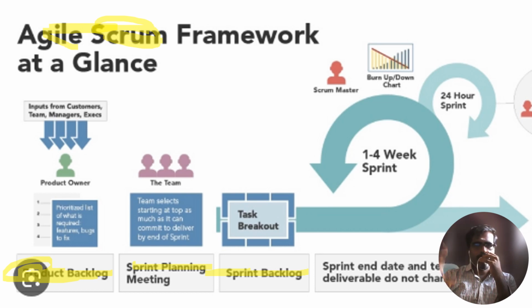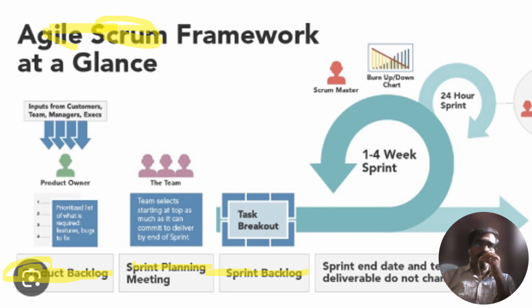Okay. So the product backlog is given as input to the sprint backlog, which is the result of sprint planning. After sprint planning is over, we finalize the backlogs, right?